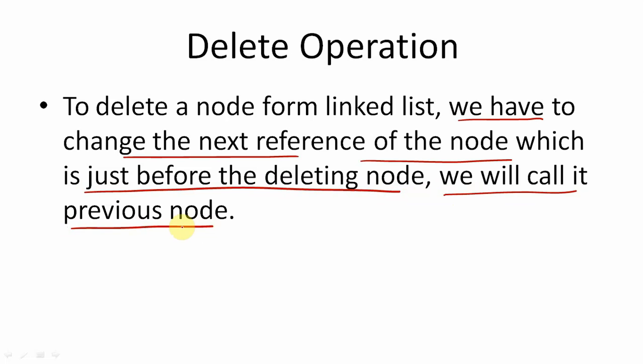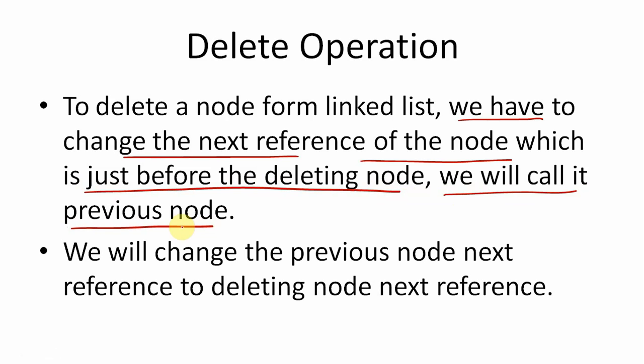If the deleting node is the last node, then tail will refer to the previous node. Means if the deleting node is the first node, head will be updated. If the deleting node is the last node, tail will be updated. The previous node then becomes the last node, which is the tail. So tail has to be updated.